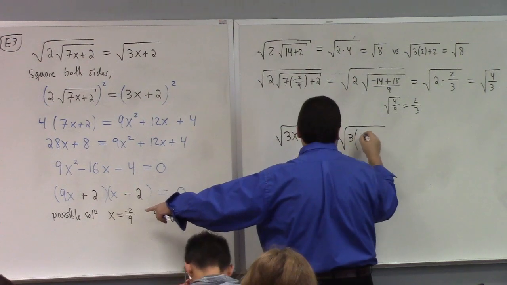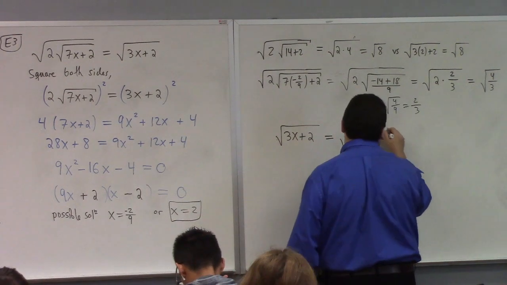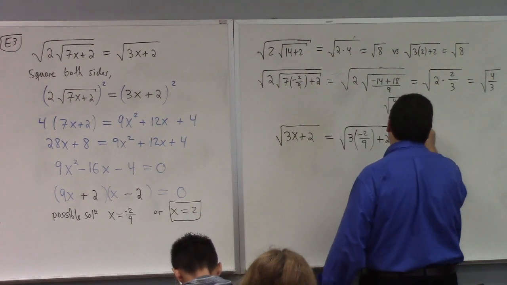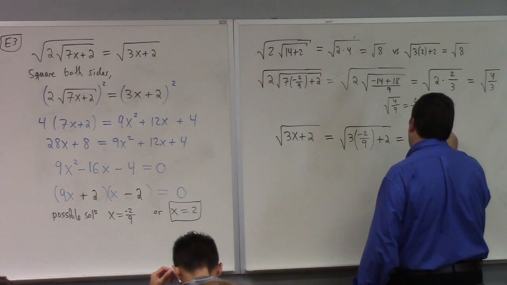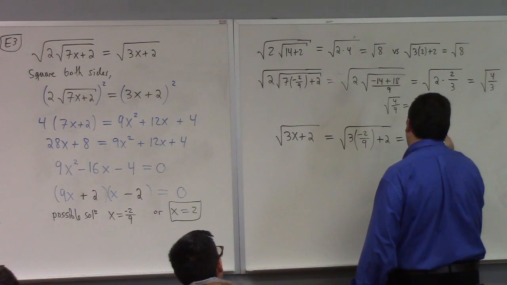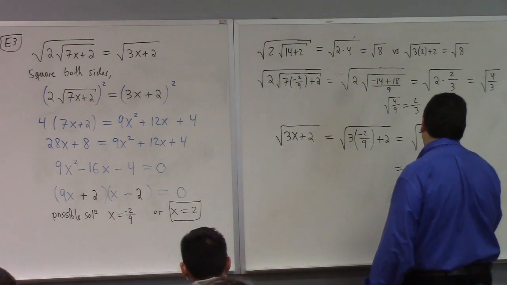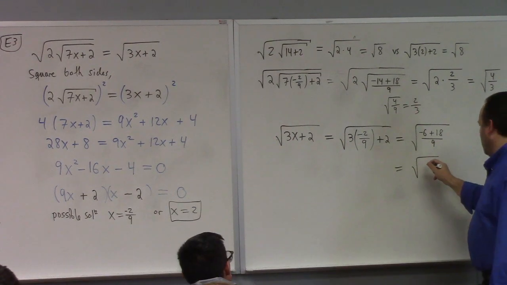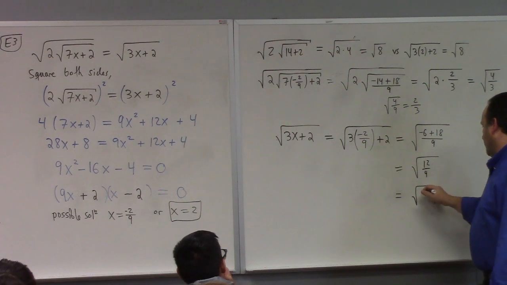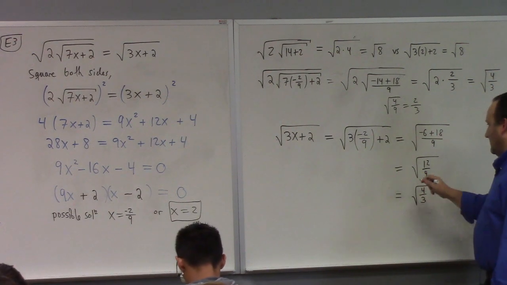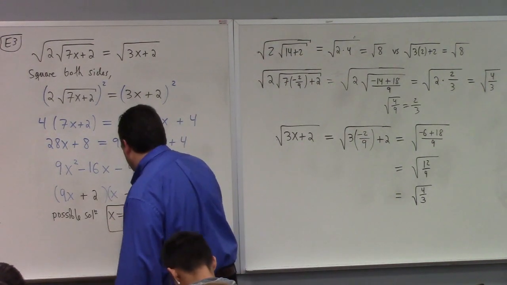So 3 times minus 2 over 9 plus 2, which is the square root of minus 6 plus 18 over 9, which is, of course, the square root of 12 over 9, which is 4 over 3. Yeah, exactly. So apparently, they both work. Woohoo! So there you go.